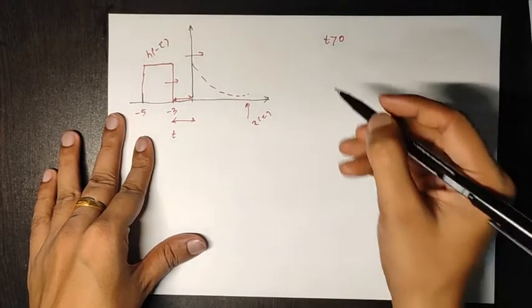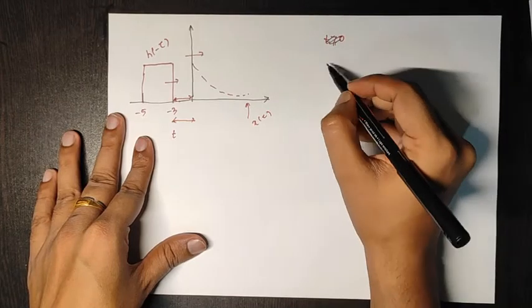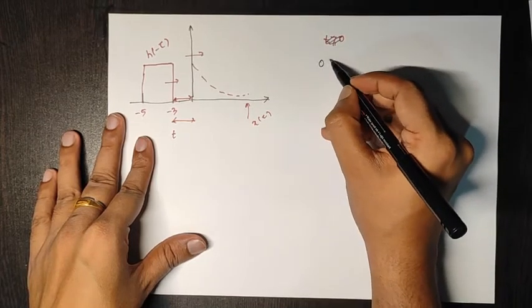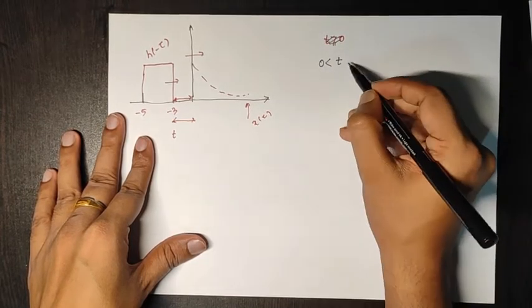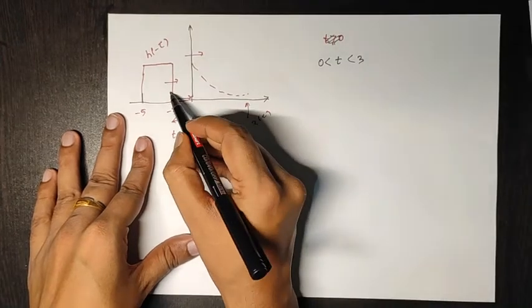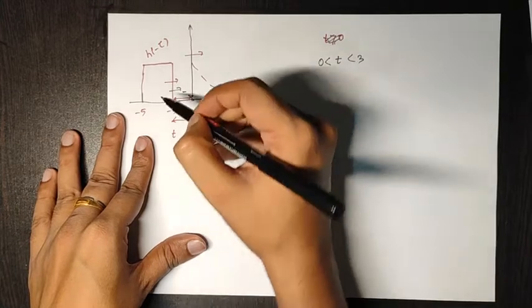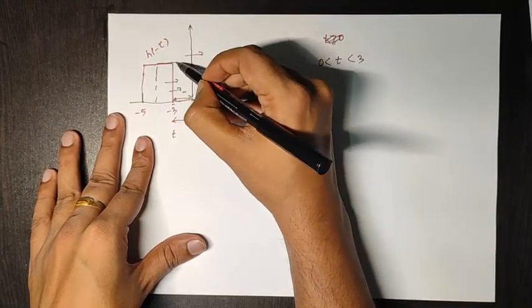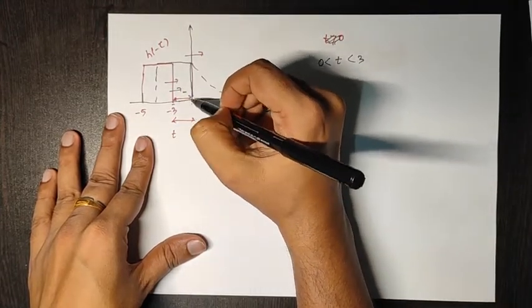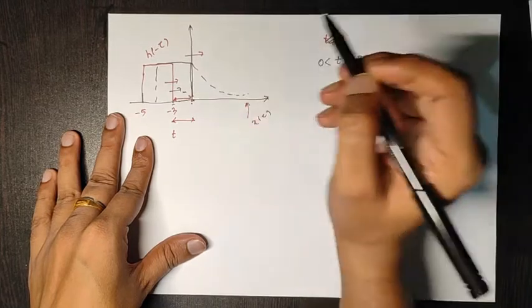So we can write for an interval of 0 to 3 units, you keep shifting rightward up to a maximum of 3 units till it reaches here. Still there is no common area.